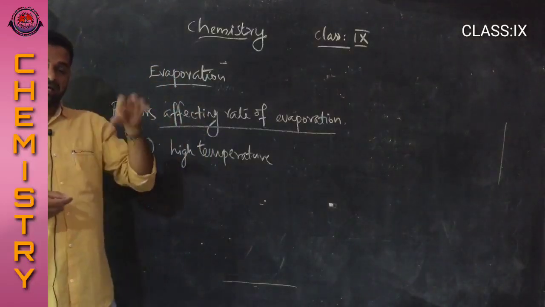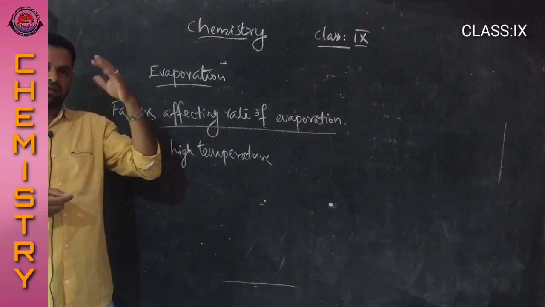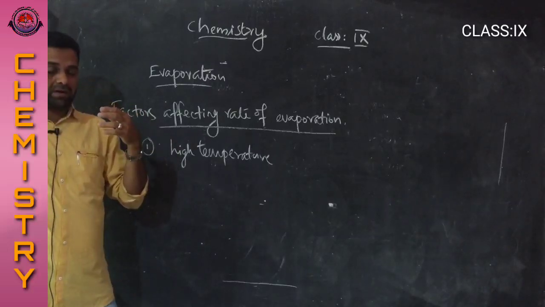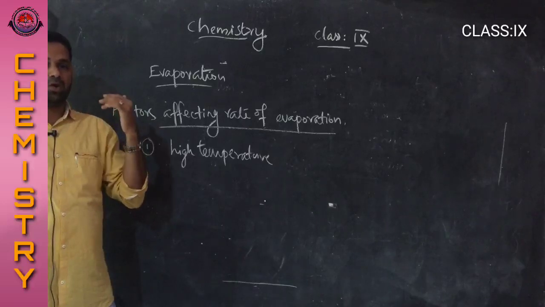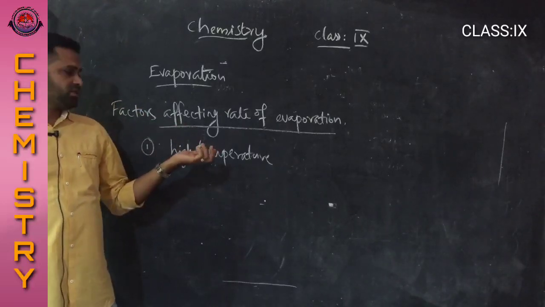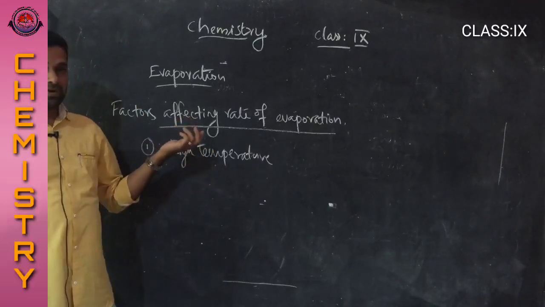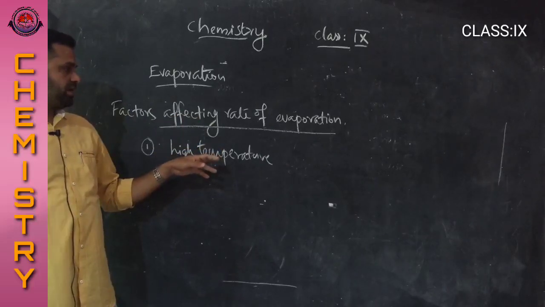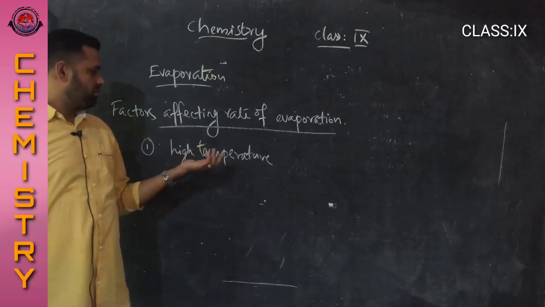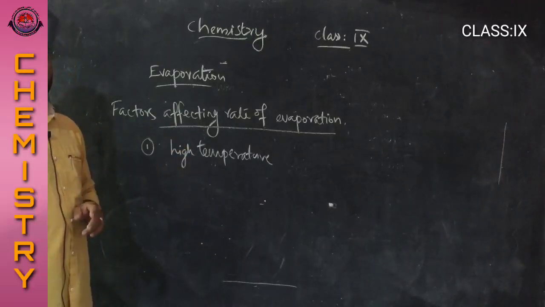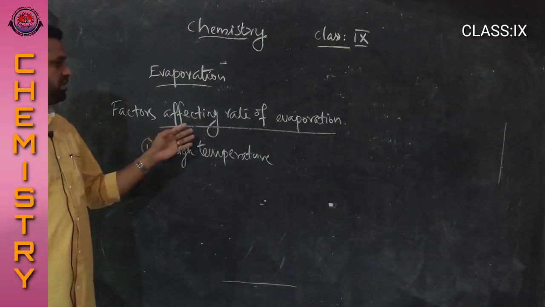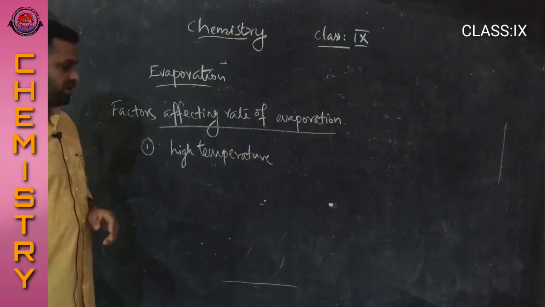Evaporation happens there, because it absorbs heat from your body, and the body temperature may be lowered. All these are examples of evaporation. So evaporation can be sped up by increasing the temperature. An increase in temperature will enhance the rate of evaporation.